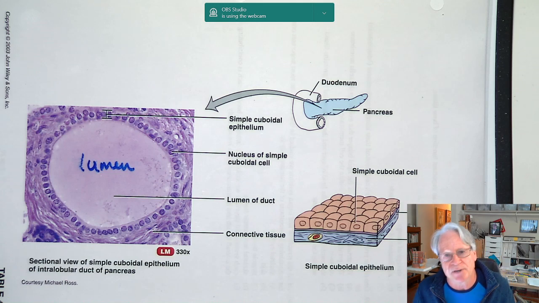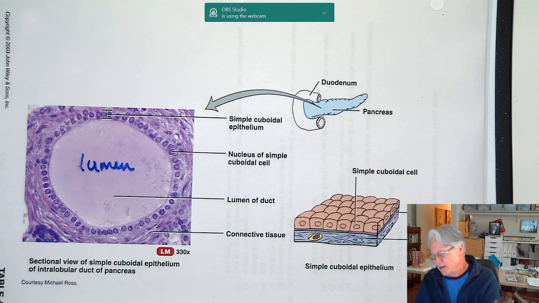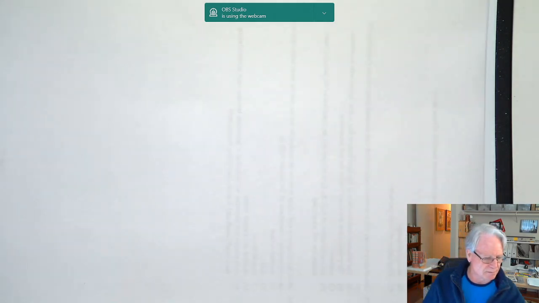Pancreas is part of that system. It produces a lot of digestive enzymes. And there are some major ducts that run through the length of the pancreas, and those ducts are lined with simple cuboidal epithelium, as you can see in this image. So basic structure, we've seen this in the lab. We don't have to spend a lot of time here. So that's simple cuboidal epithelium.